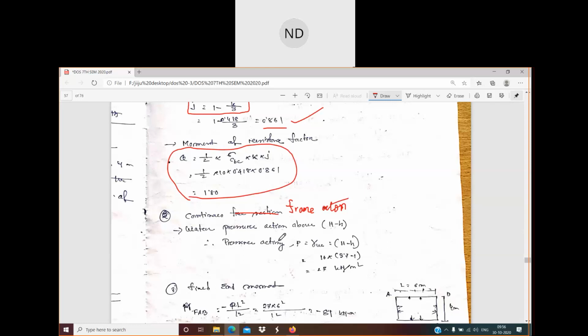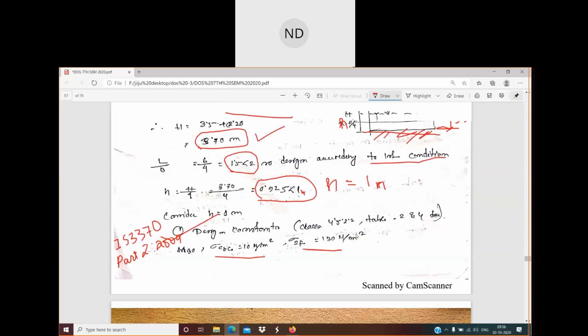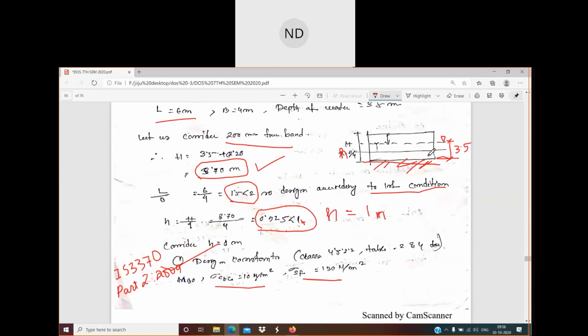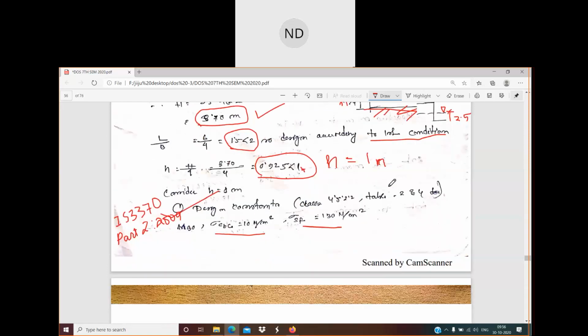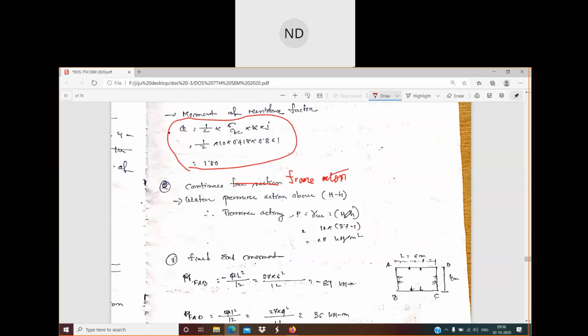Here, the water pressure at this depth is capital H minus small h. From here till here, we will find the pressure of water on this portion, given by gamma W into H. Since we are designing the top portion as a continuous frame, we find how much pressure is acting continuously on that top portion.